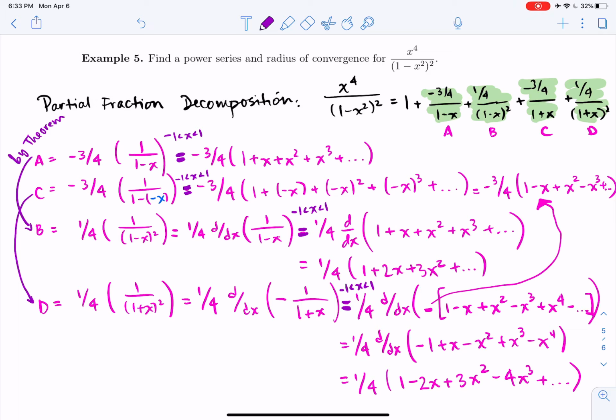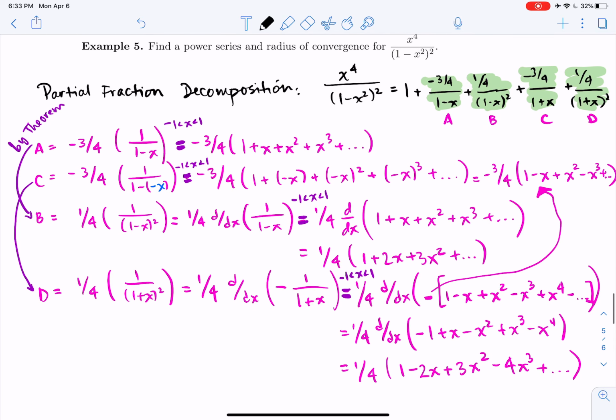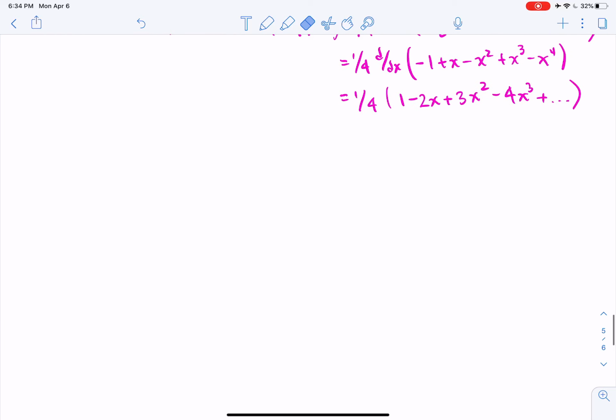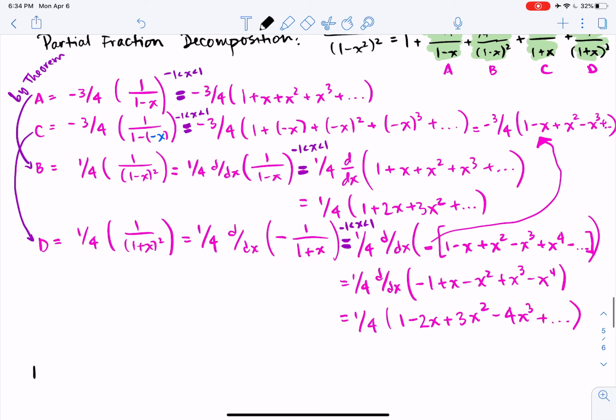But now that we have all of this, we can go back to our original expression, add those pieces together. So we have 1 plus this a, and a is minus 3/4 times that power series.